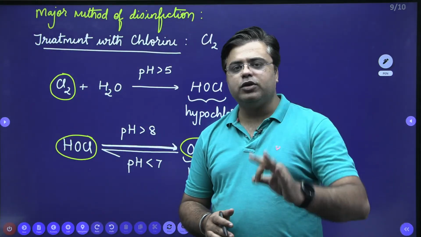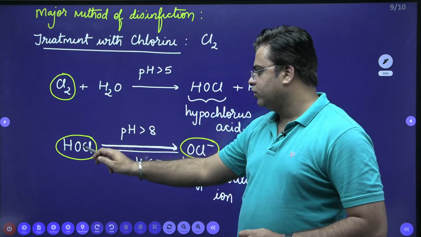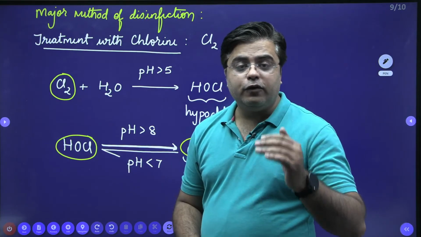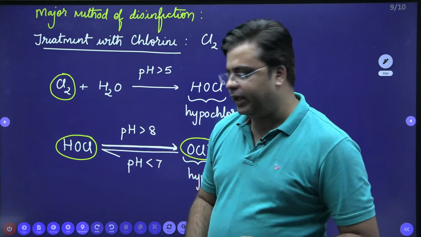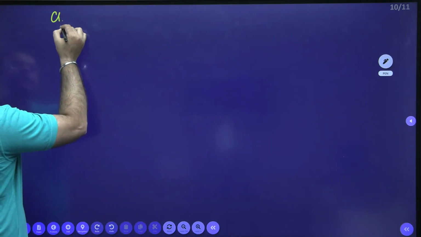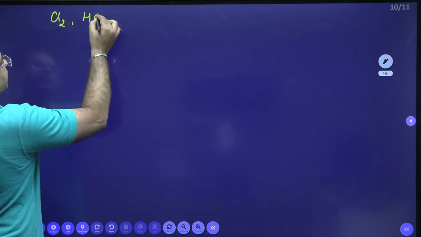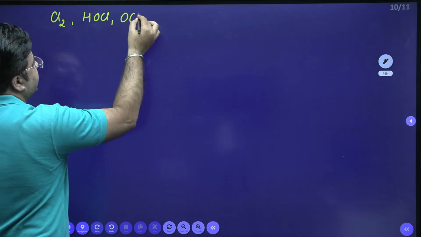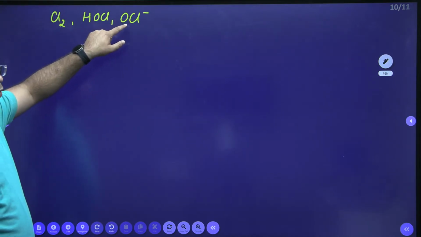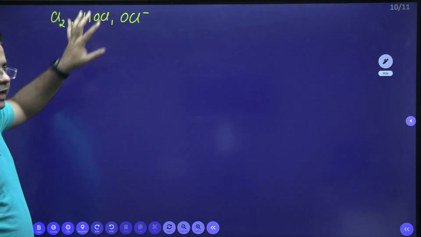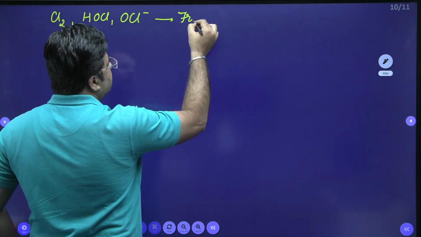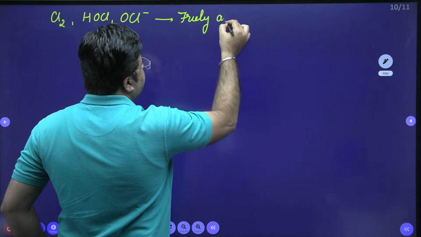These three forms of chlorine, Cl2, HOCl and OCl minus ion, are known as freely available forms of chlorine. Free chlorine, hypochlorous acid and hypochlorite ion. All these three are known as freely available forms of chlorine.